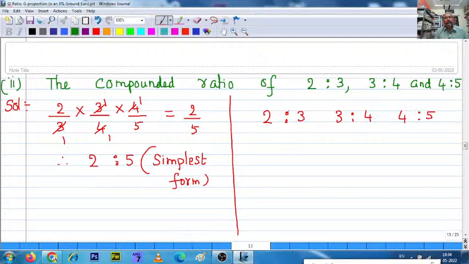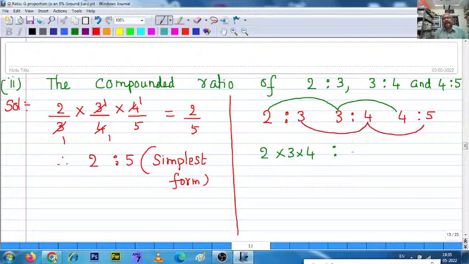Now multiply the first terms, 2 into 3 into 4, is to, next multiply the second terms, 3 into 4 into 5. This 3 into 4 and 3 into 4 get cancelled. We have the answer 2 is to 5 as the compounded ratio.